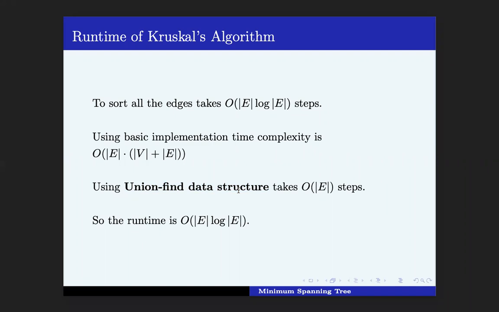It maintains the connected component of every vertex. And if you do that, then instead of doing this whole thing in order E times V plus E, you can end up doing it in order E steps.